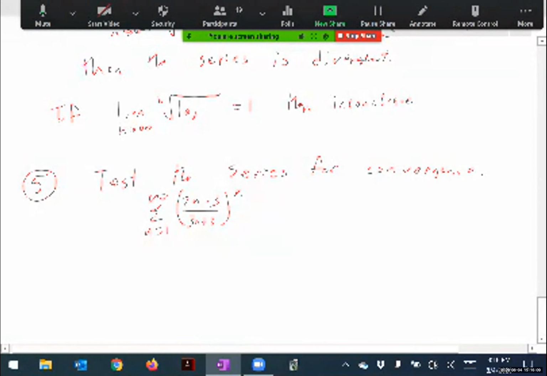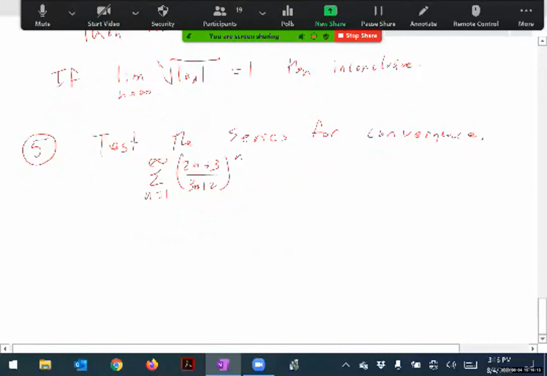So I want to test this thing for convergence. I'm going to take the nth root of the absolute value of (2n plus 3) over (3n plus 2), all to the nth power.